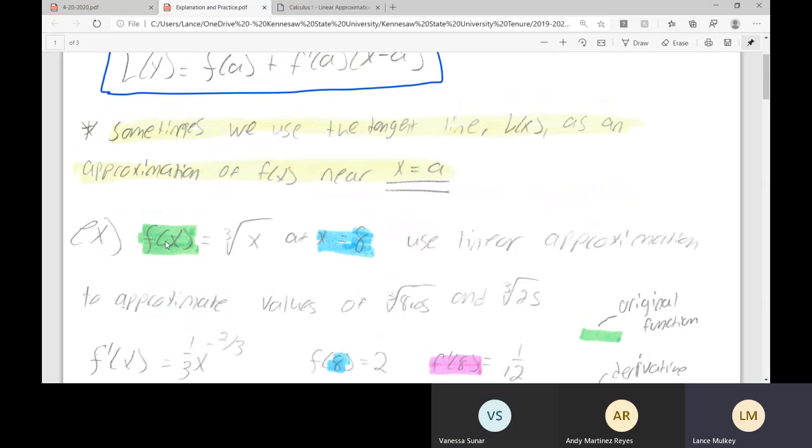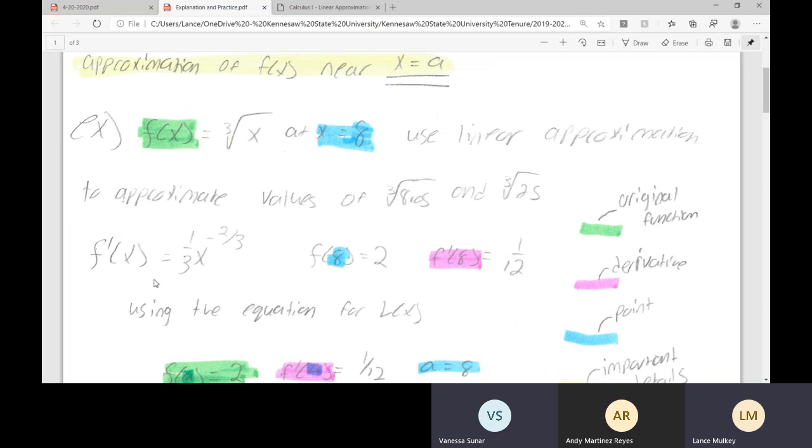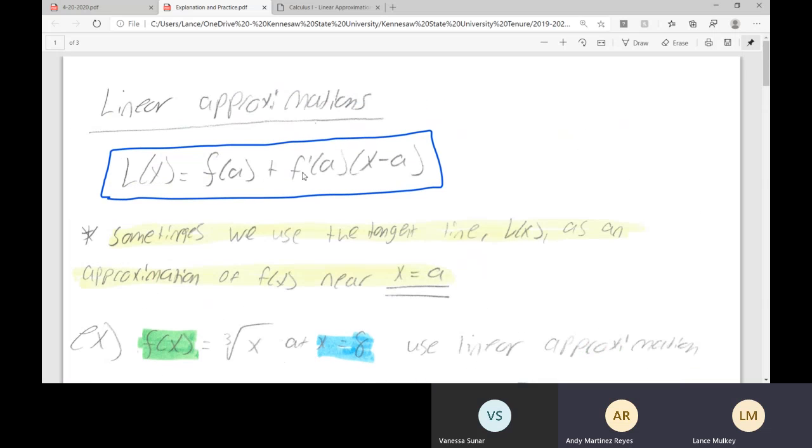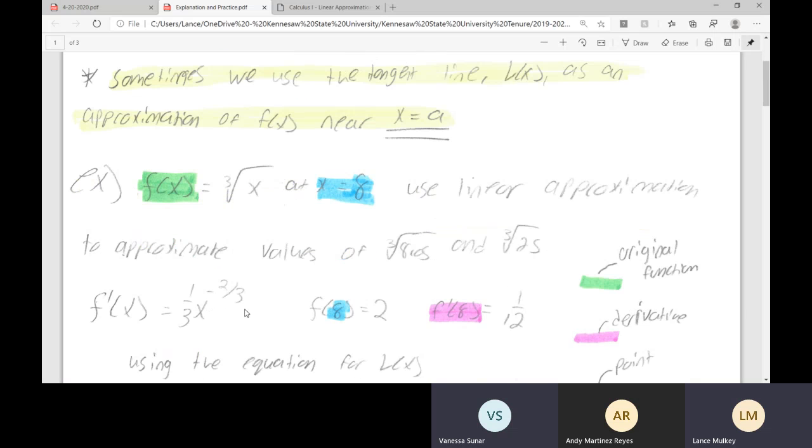Okay, so if you have a function f of x equals cube root of x and you want to evaluate it at x equals 8 and approximate the values close to it, so at 8.05 and cube root of 25. This isn't really close, but it's going to make a point at the end. You take the first derivative because you're trying to plug everything into this formula. You plug in 8 to the original equation, which gives you 2. You plug in 8 to the derivative, which gives you 1 over 12.